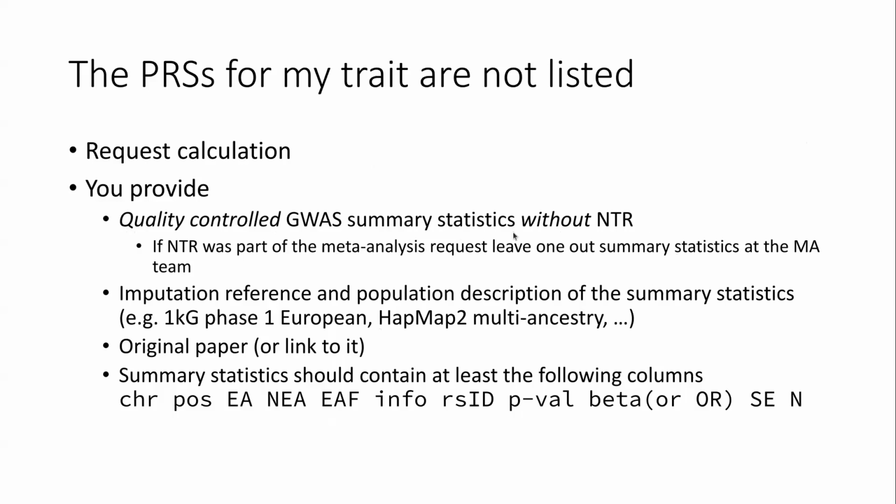If NTR was part of the discovery, then you should contact the authors of the paper and ask if they can do a meta-analysis without your own study, the study for which you want to calculate the score, so the target data.